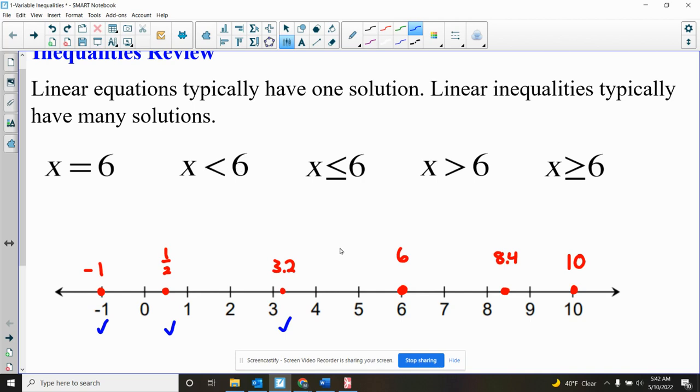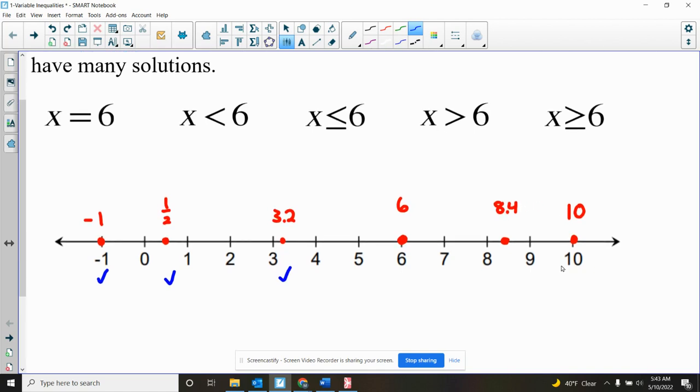No, it is not. 6 is equal to 6. It's not smaller than 6. So I'm not going to include 6 in this solution. 8.4 is not less than 6. Neither is 10. Now, even though we skipped a bunch of these other numbers, really, any number that is to the left of 6 is going to end up being a solution to this inequality.